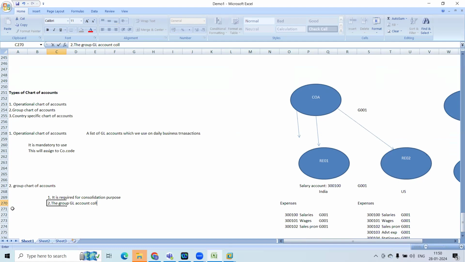The group GL account collects the data from the primary GL account. The group GL account is assigned within the primary GL.